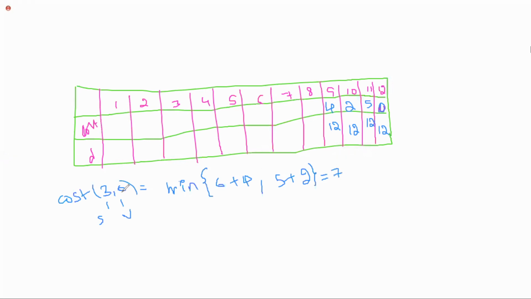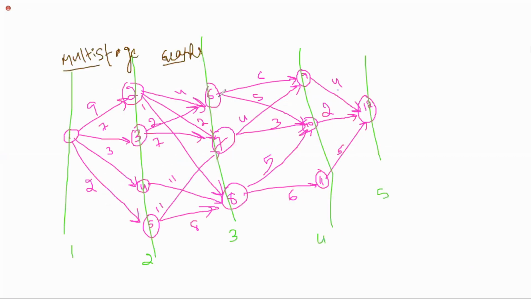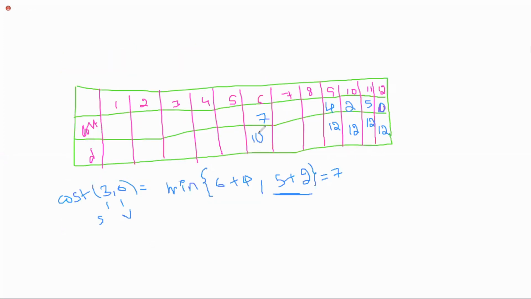So in the corresponding 6th vertex part, I am updating the cost as 7. How did you get 7? In the second part, via the second edge vertex, which is 10. Via vertex 10 you are getting the minimum cost. Is this step clear? Yes, ma'am.